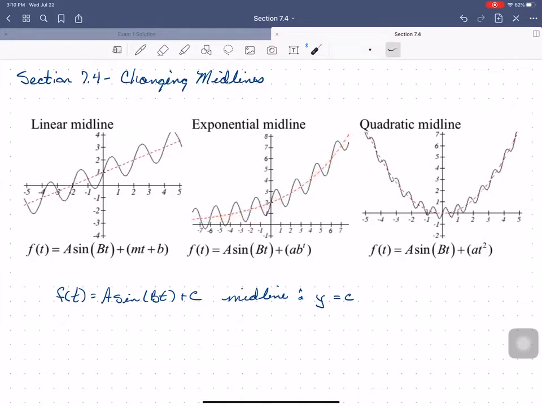Now, the rest of my definitions remain unchanged. In other words, if I compare the offset of my sine function to my midline at any peak or valley, that distance still gives me the amplitude.